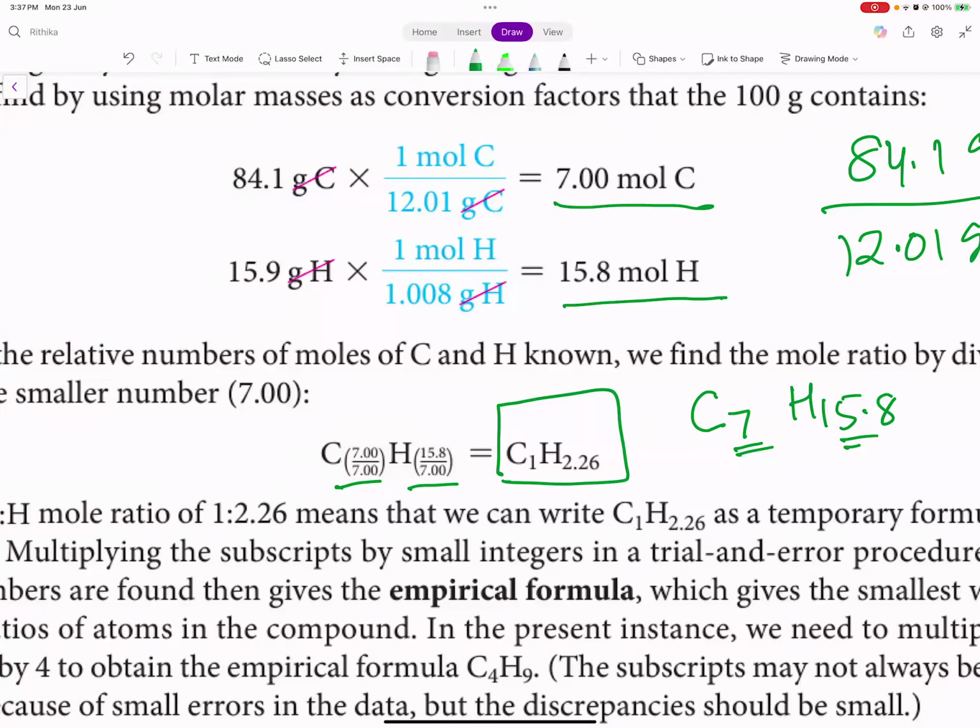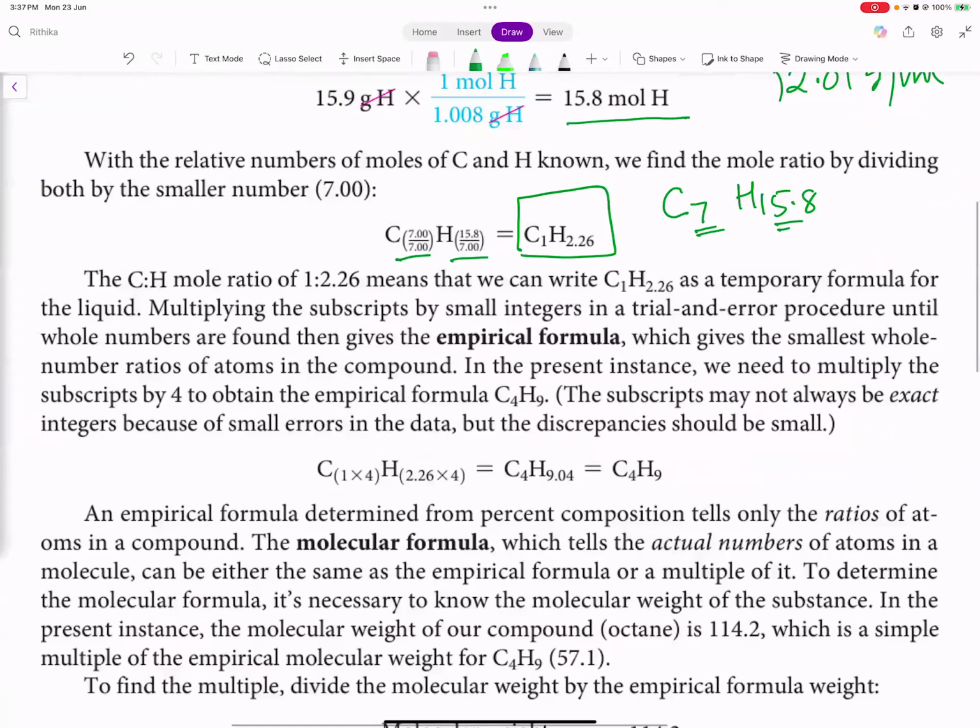But we know that they must be whole numbers, right? So I take C1H2.26 and start multiplying by integers.